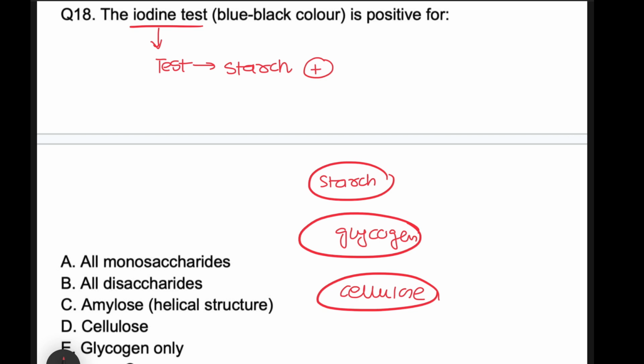Starch has alpha glucose in it, cellulose has beta glucose, while glycogen has alpha glucose. But the difference between starch and glycogen is that starch is branched and unbranched, which means it has two units, amylose and amylopectin, while glycogen only has branched chains.